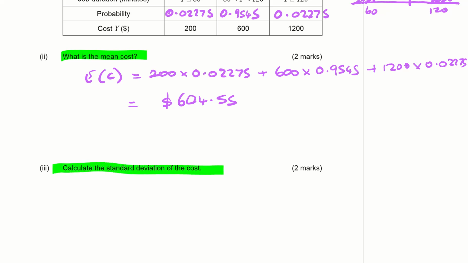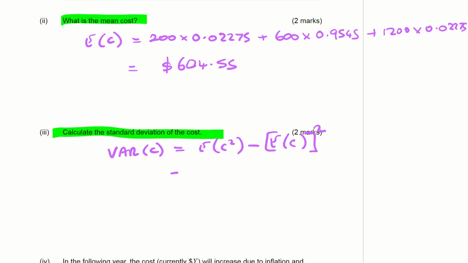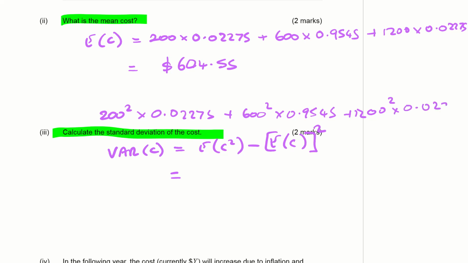Calculate the standard deviation of the cost. Now I always do this by using the fact that Var C is going to be the expectation of C squared, take away the expectation of C, squared. So, expectation of C squared would be 200 squared times 0.02275 plus 600 squared times 0.9545 plus 1200 squared times 0.02275, and that gives me 377290.